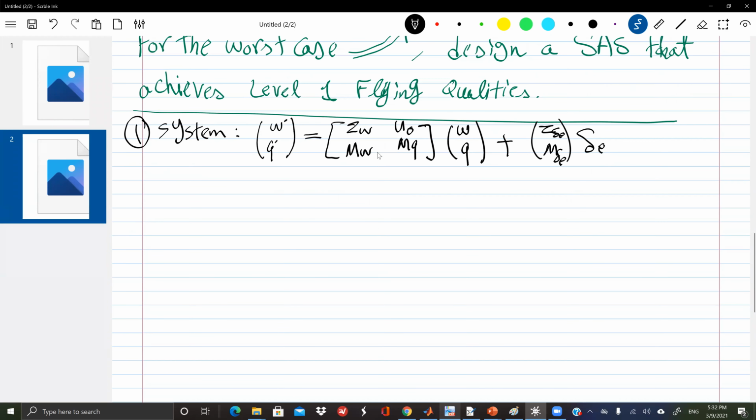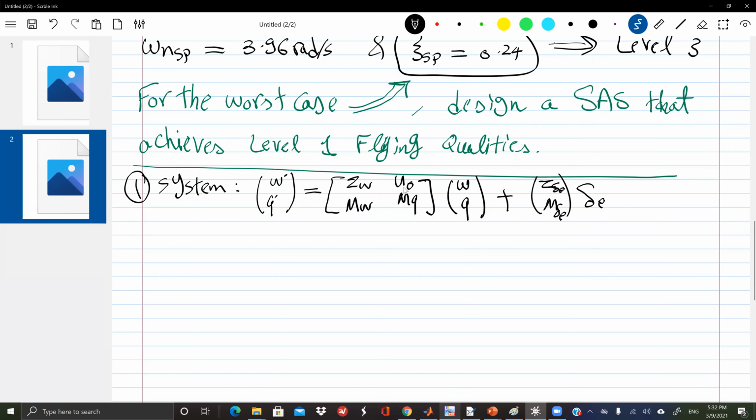And I'm given everything here. I'm given Z alpha, I'm given M_Q, I'm given U naught, but I'm not given Z_W and M_W. I'm given the alpha version of it. And you should be experts in this. If W is U naught times alpha, then Z_W is Z alpha divided by U naught, and the same for M_W. So I can now just write down my system.